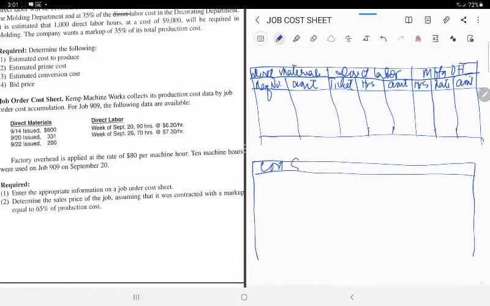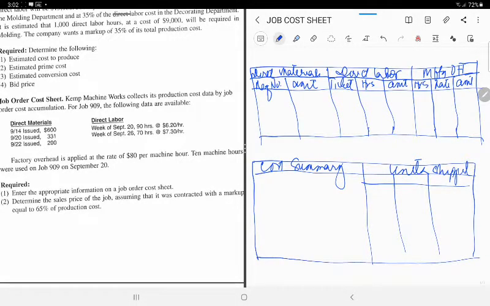the cost summary, and then you'll have the units shipped. After you have identified the units shipped, what are our columns for units shipped? What do you think? The date: when was it shipped? How many? And how many are still the balance.